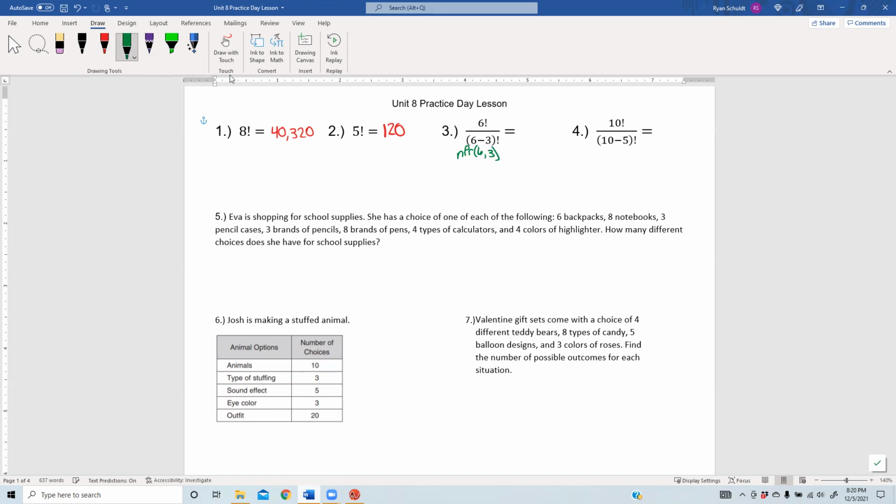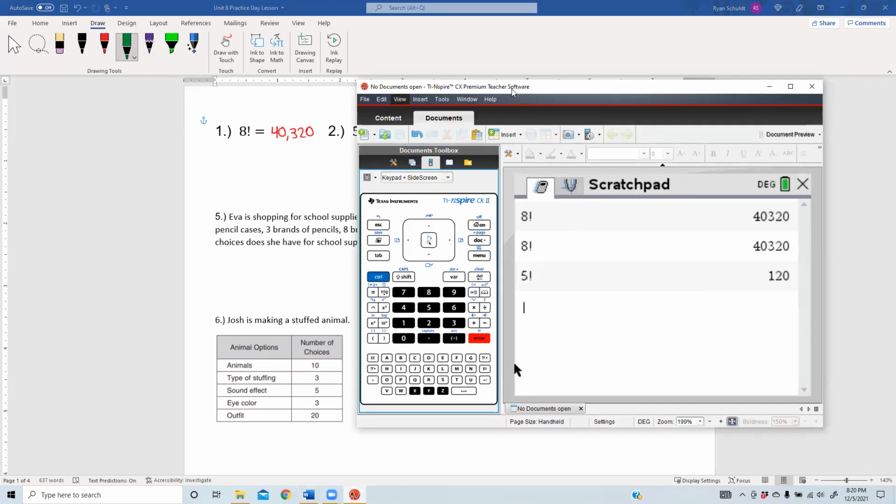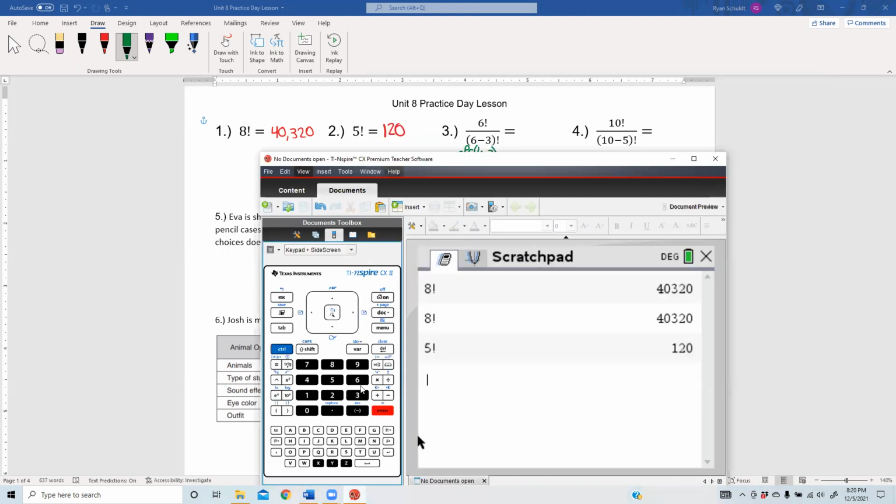Let's say you didn't recognize that, but you know how to do a factorial. In that case, you can just type it straight into the calculator. You don't need to do anything fancy. Just type it straight in like it is on the paper. So 6 factorial over, and then in parentheses, 6 minus 3 factorial. Hit enter. 120.